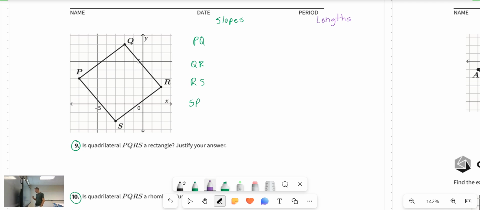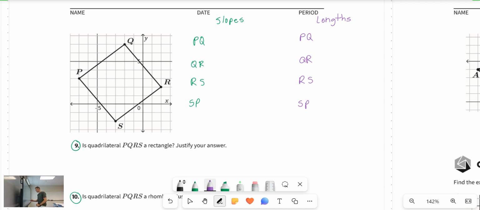And same thing over here for our lengths. We could have PQ, QR, oh, too close on that one, RS, and SP.